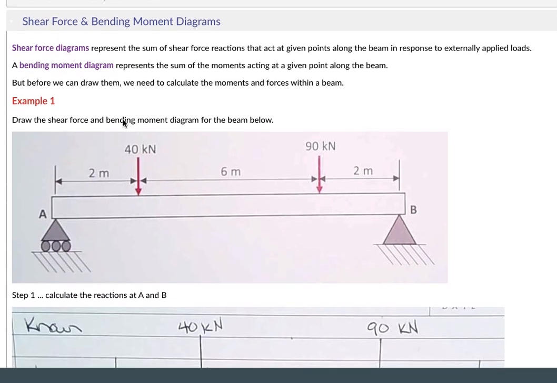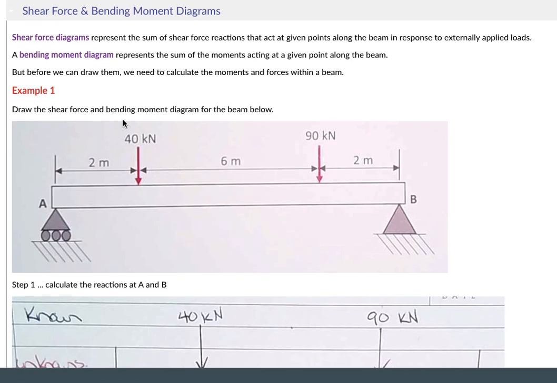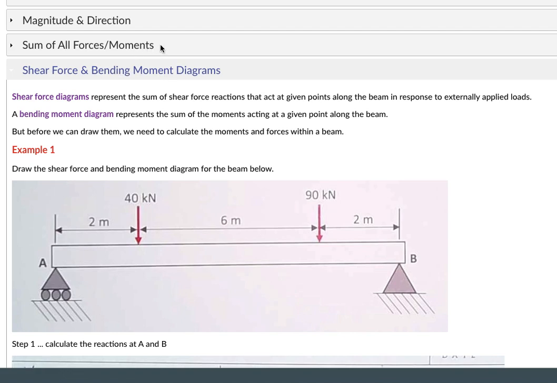So here we are with the shear force and bending moment diagrams. Now you can't work this out unless you can actually do this. Okay, so they're working together to be able to get you to the correct answer.